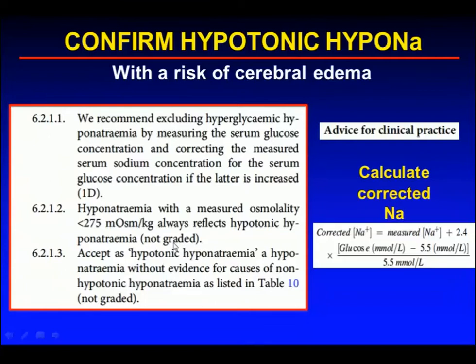But from a practical point of view, you cannot always have plasma osmolarity very rapidly. So you have to accept that you have a hypotonic hyponatremia without evidence for a cause of non-hypotonic hyponatremia, as I showed you before on the previous slide.